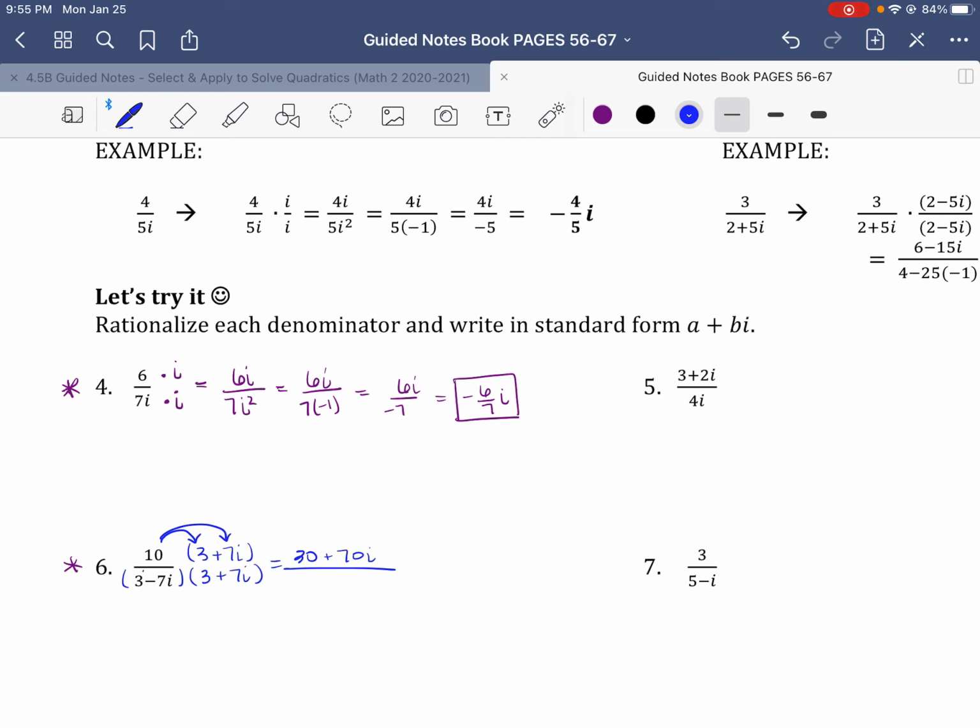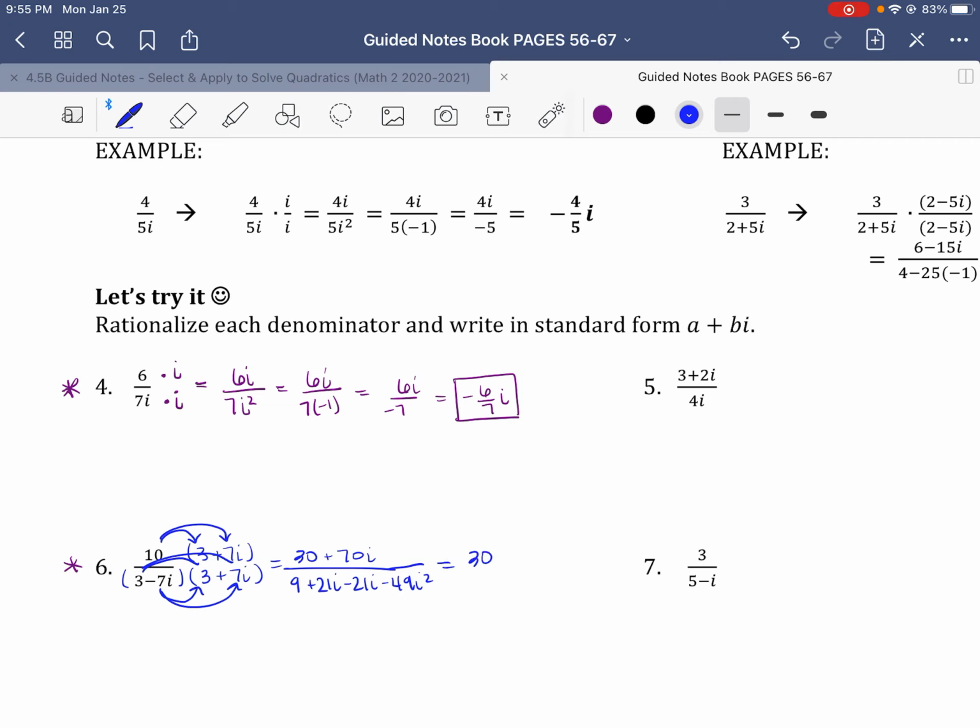Then on the bottom, we will go ahead and FOIL this. So 3 times 3 is 9. 3 times 7i is positive 21i. Distributing the negative 7i to the 3, we get negative 21i. And negative 7i times 7i is negative 49i squared.